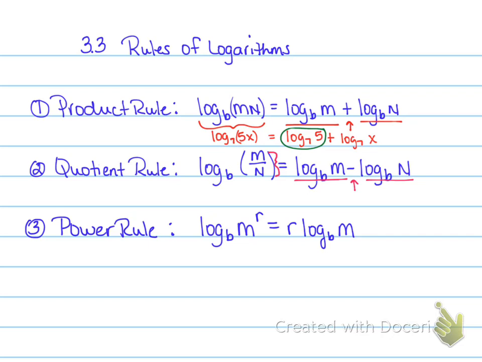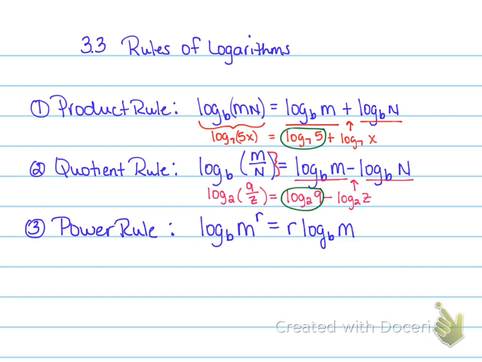So if we had log base 2 of 9 over z, then I could separate them as log base 2 of the top minus log base 2 of the bottom. And then, of course, because it's log base 2 of 9, I would have to check to make sure that it did not simplify, and it doesn't. And checking is just like what we did in 3.2: you would set it equal to y, change it to exponential, and see if you could solve it.